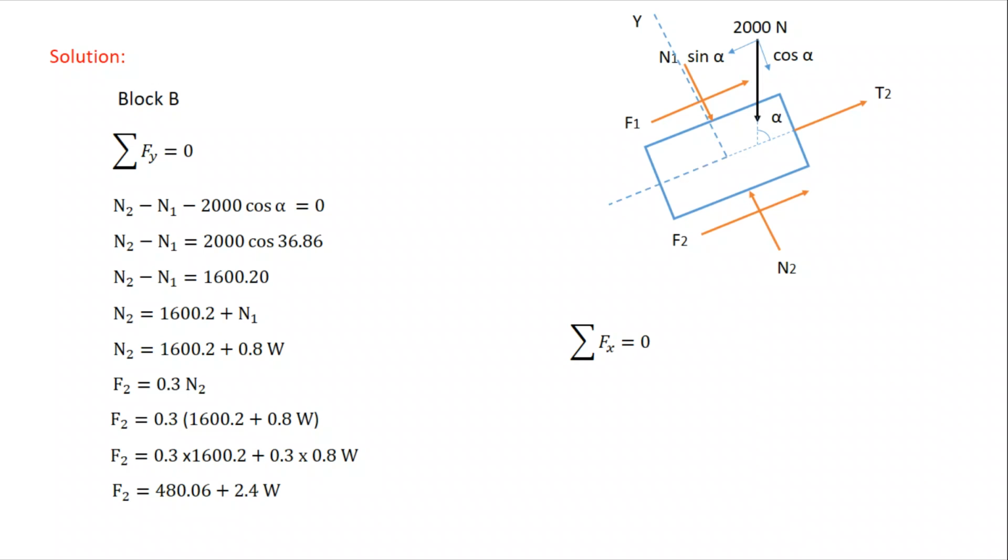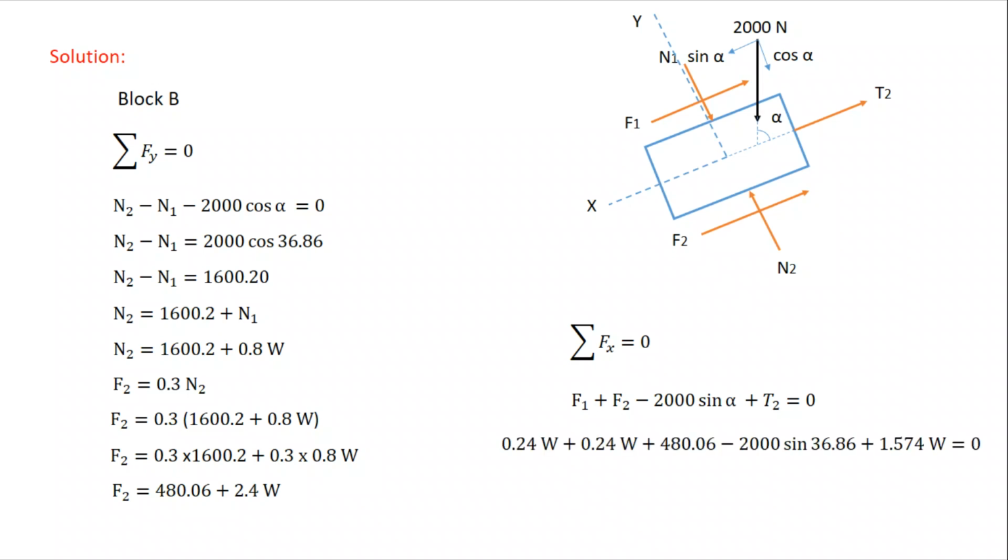Taking the summation of Fx equal to 0, again this x direction is along the horizontal direction. So plus F1 plus F2 minus 2000 sin alpha plus T2 is equal to 0. All the values of F1, F2, alpha and T2, which we have already calculated, are put in this equation from the above equations.